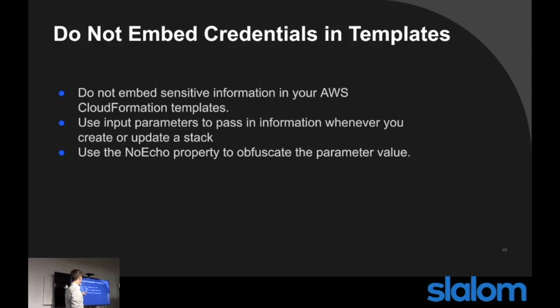You could use a NoEcho property, so the template that's deployed in CloudFormation will not retain that variable's details. There is also AWS Secrets Manager, I always blank on the real name.